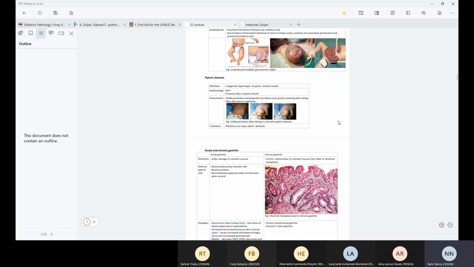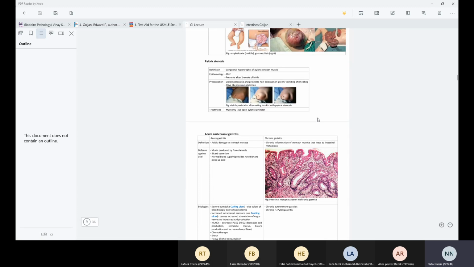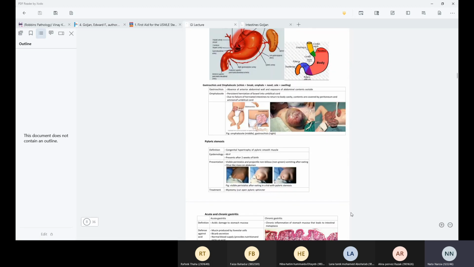They can live without any complications. That is about congenital anomalies: gastroschisis, omphalocele, and pyloric stenosis. Pay attention to non-bilious vomiting after 2 weeks and the olive mass. If you find it, it is very easy to make the diagnosis, and you should do the operation, myotomy.